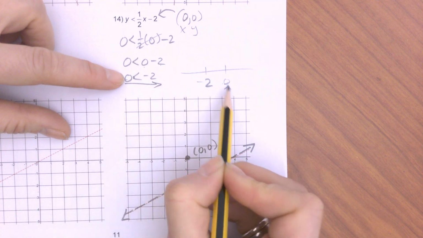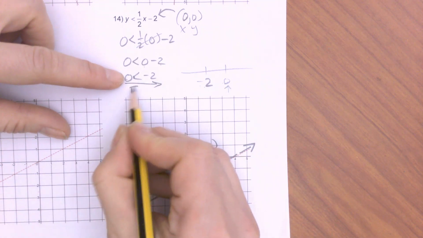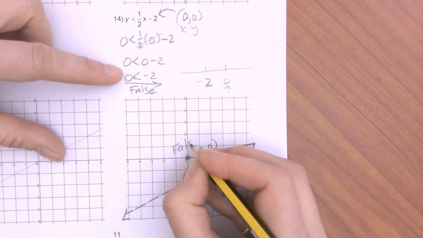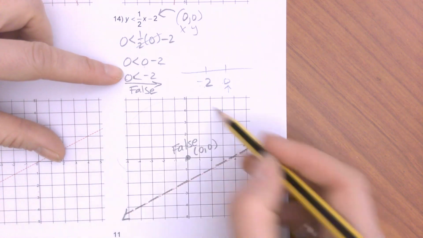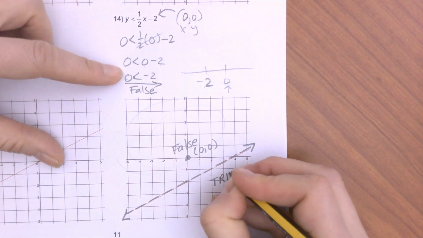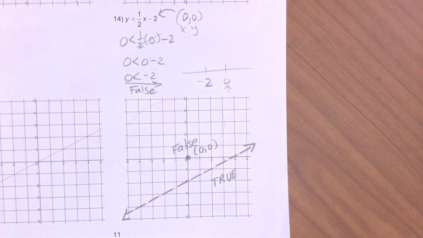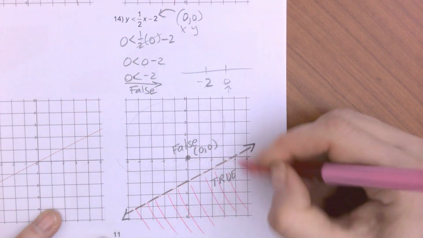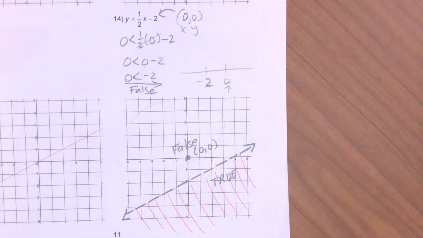No, 0 is bigger than negative 2. So this is false, which means this point is false. All the points on this side are false, and all the points on this side are true. We color the true side. So this is our solution set.